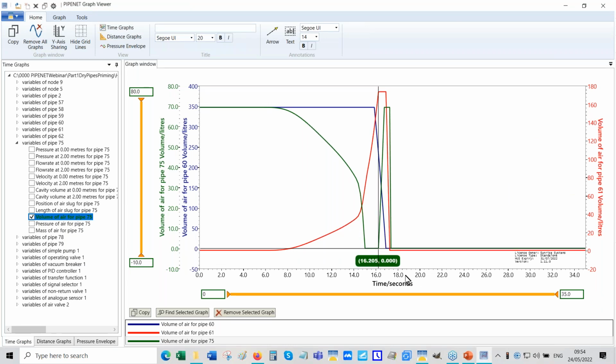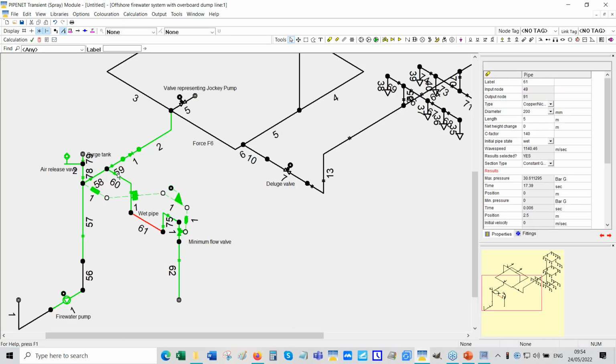But don't forget, there is air which was in this pipe that comes all the way. There is another air slug that moves through that pipe.